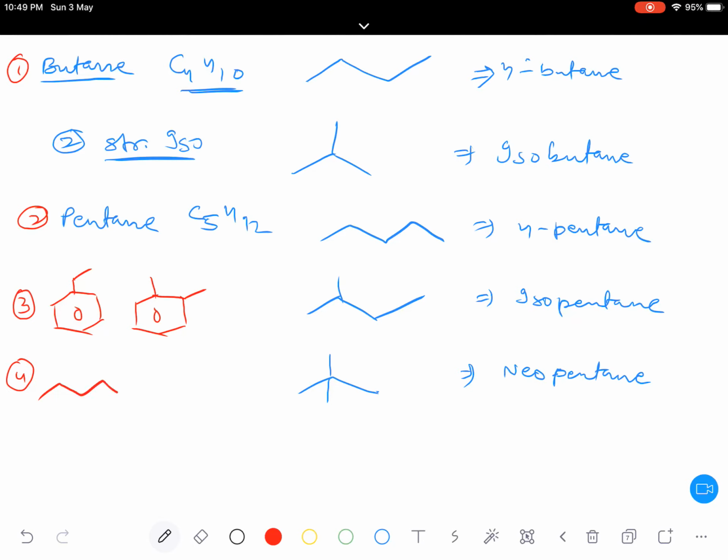Question number 4, whether these two are chain isomers or not. That you are going to figure out. That will be your homework. I will just try to draw it properly. Okay, now this is about chain isomers.